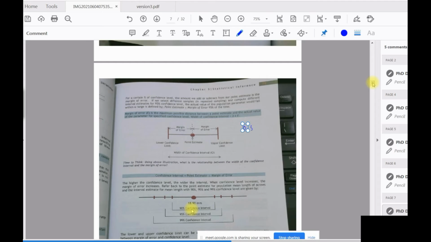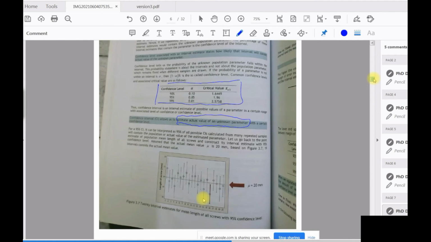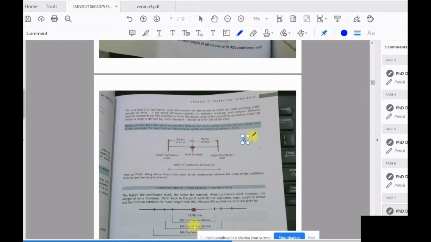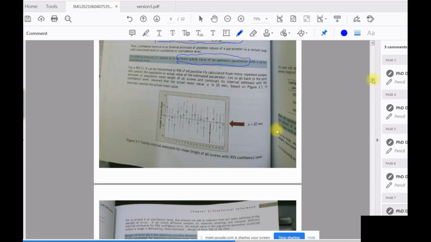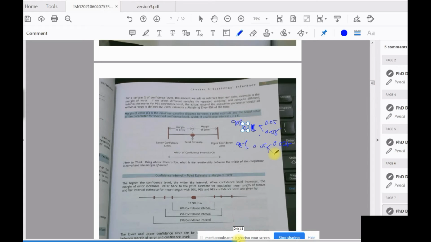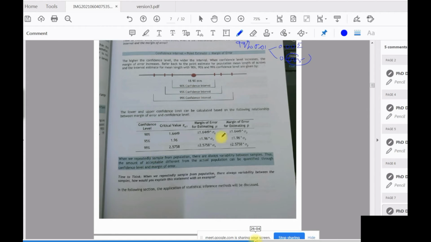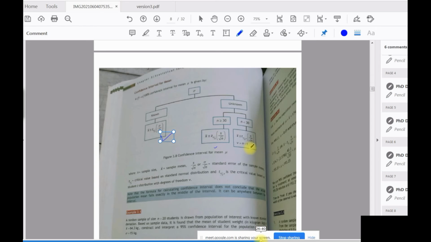We have a 90% confidence interval, 95%, and 99% confidence interval. So, confidence interval for the mean.